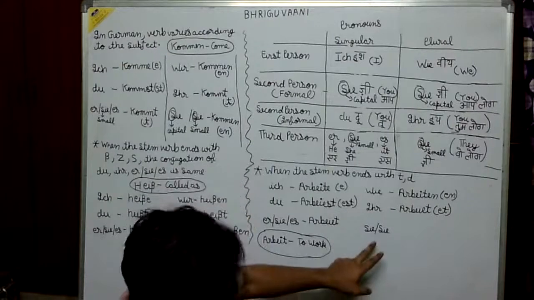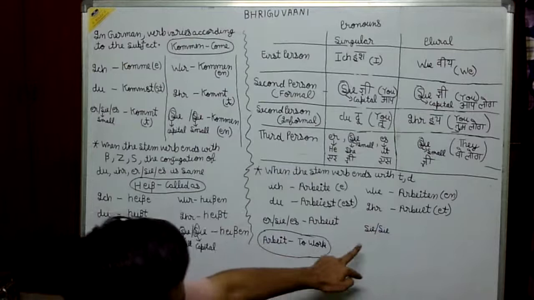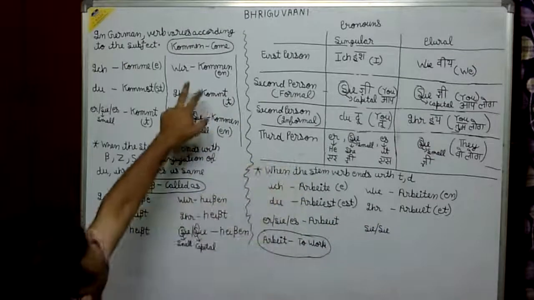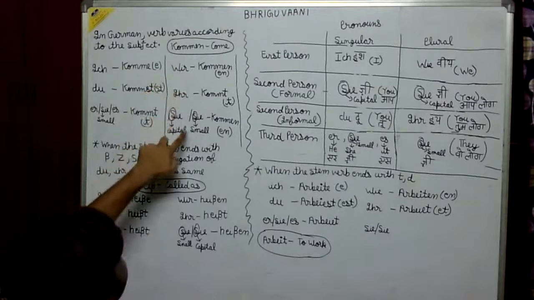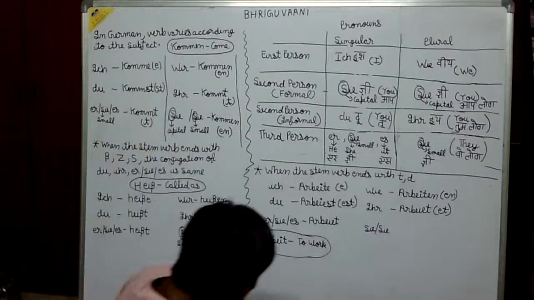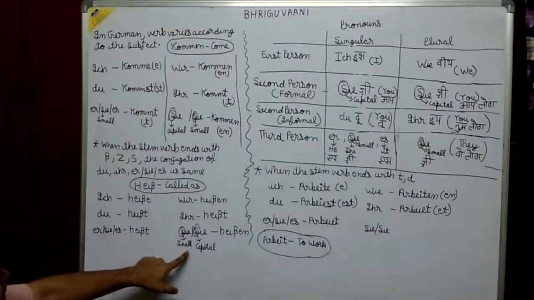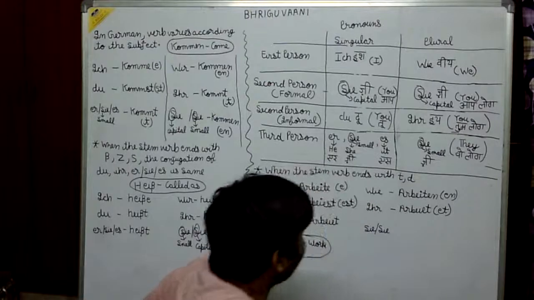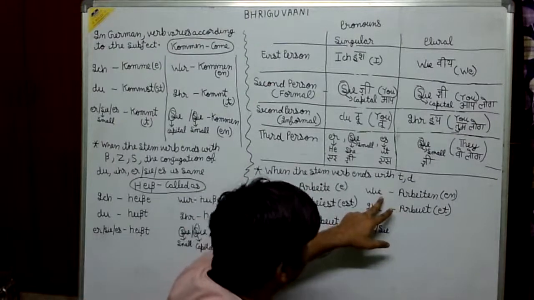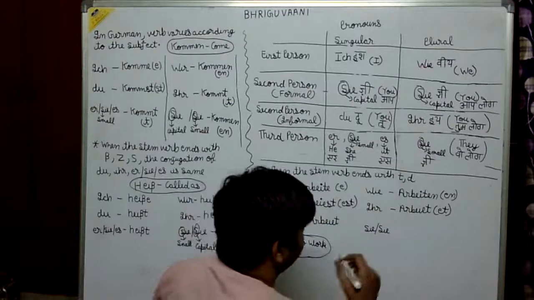Okay, and for this one, look here. The rule is, whatever we use for wir we use for this sie. Here also, whatever we use for wir we use for this sie. Okay, and the same will apply here. Whatever we use for wir, we use for sie and Sie.